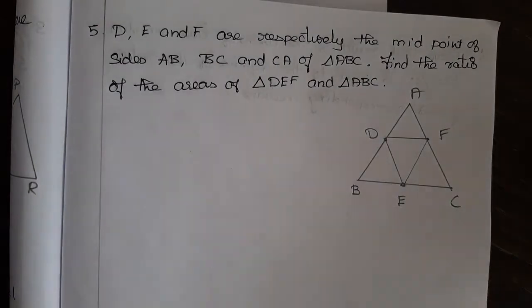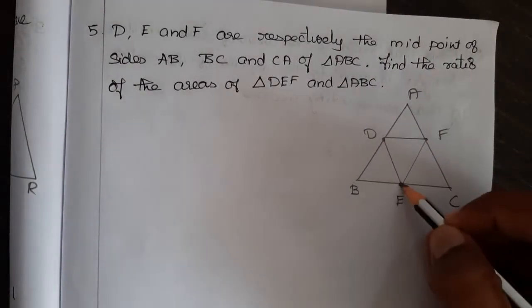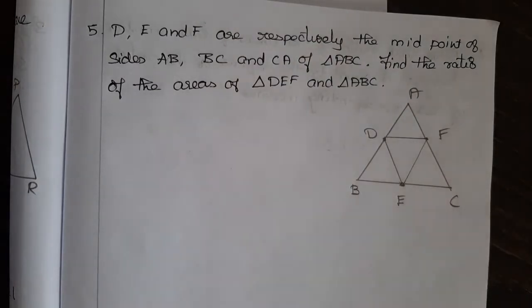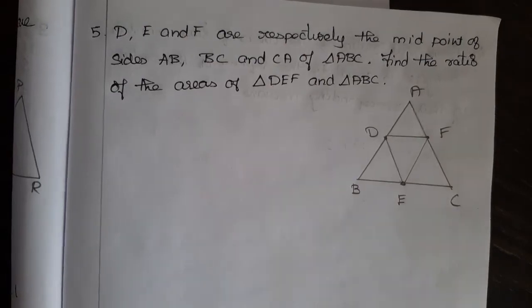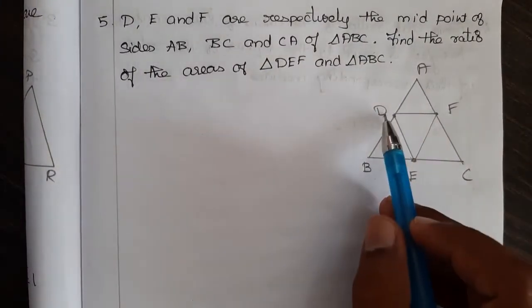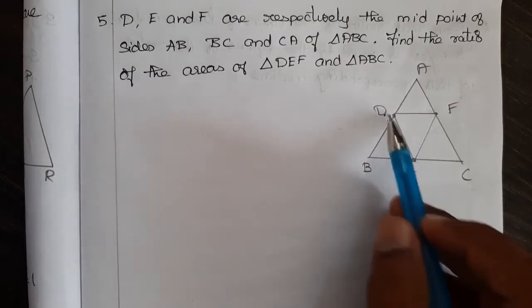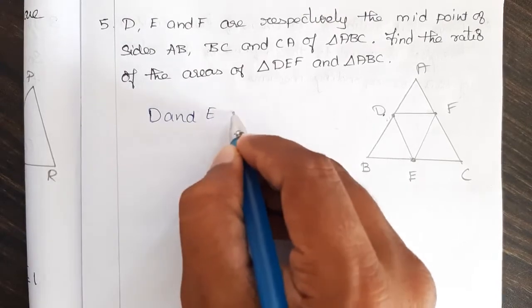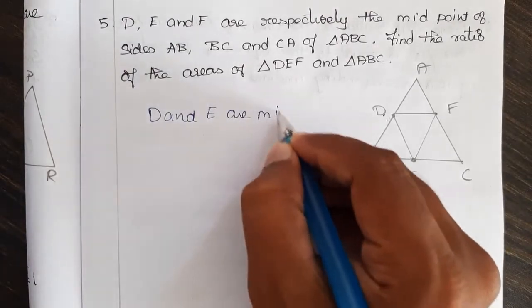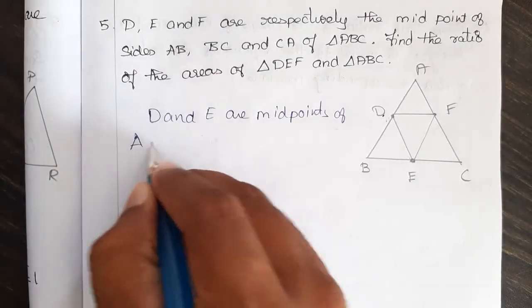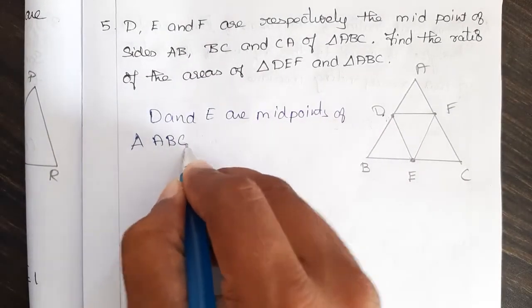So we know that the line connecting two midpoints will be parallel to the third side, right? Since we have learned the midpoint theorem in the 9th standard. So let me take this triangle for D and E. I'm talking about this. So D and E are midpoints of the sides of triangle ABC.